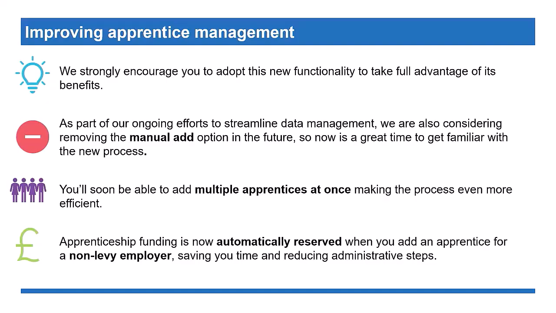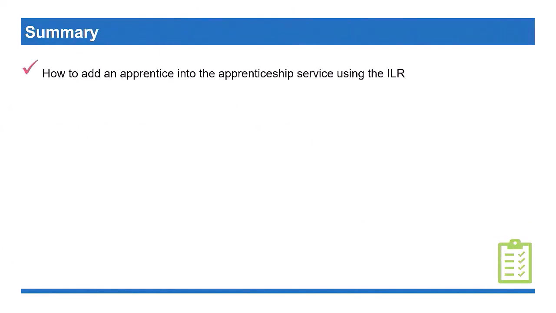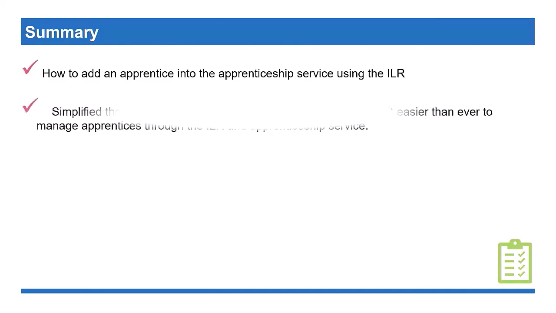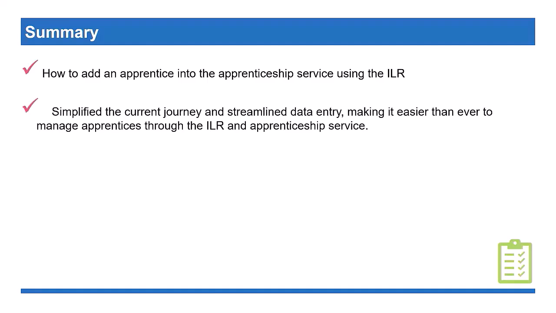To summarise, we've shown you how to add an apprentice into the apprenticeship service using the ILR. We've simplified the current journey and streamlined data entry, making it easier than ever to manage apprentices through the ILR and the apprenticeship service.